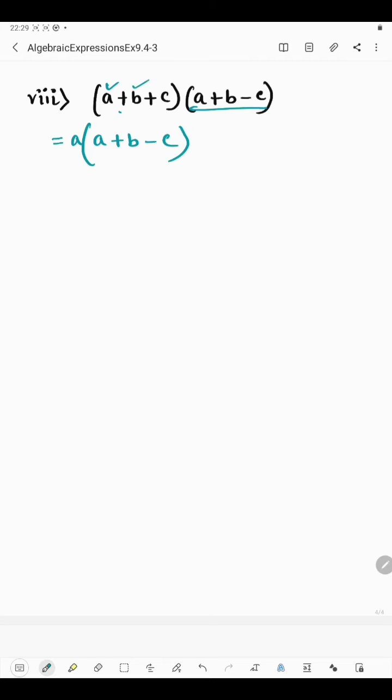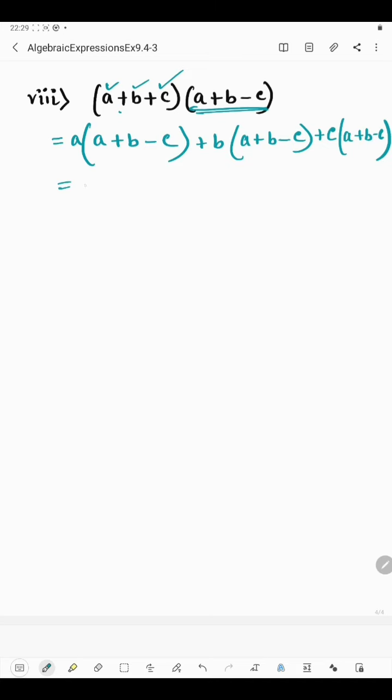Now again we'll take plus b from the first trinomial, and this should be multiplied by the second trinomial, which is a plus b minus c. Now we'll take the third term of the first trinomial, which is plus c, and this is to be multiplied by the second trinomial, which is a plus b minus c.